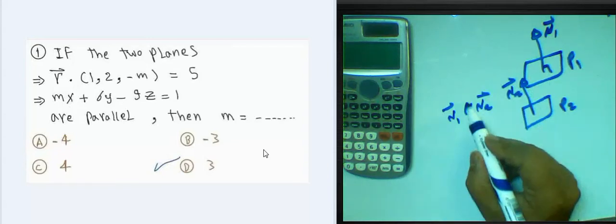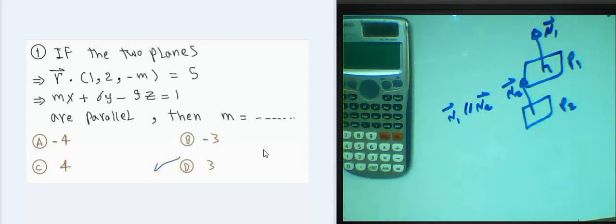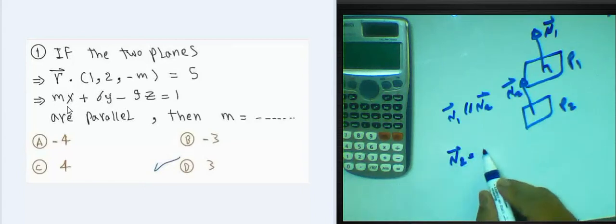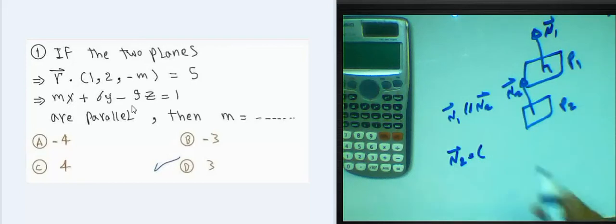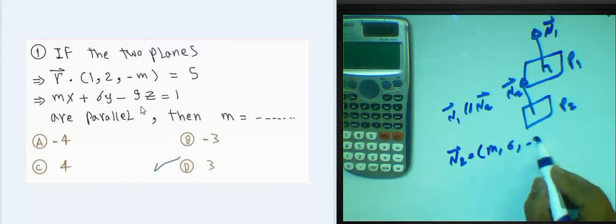Then we can write the coefficients of x, y and z. Vector n2 equals m, 6 and negative 9: m is the coefficient of x, 6 the coefficient of y, and negative 9 the coefficient of z.